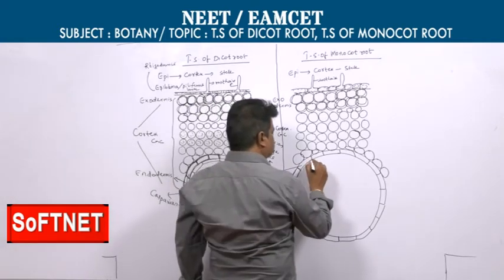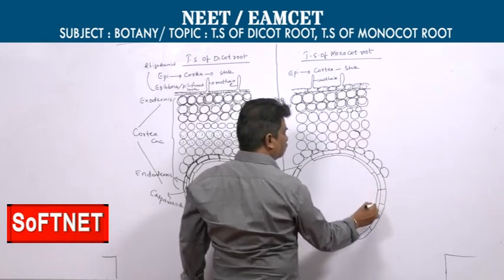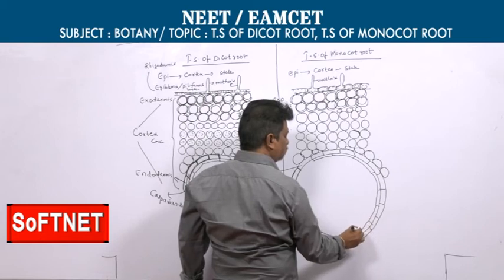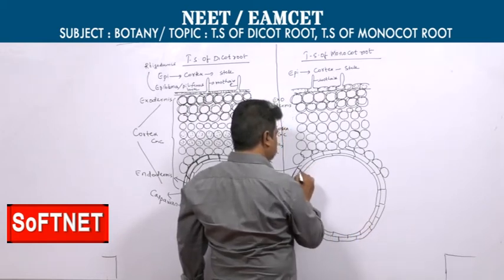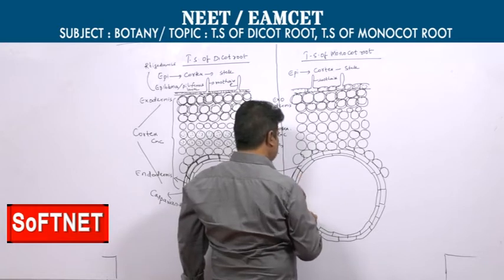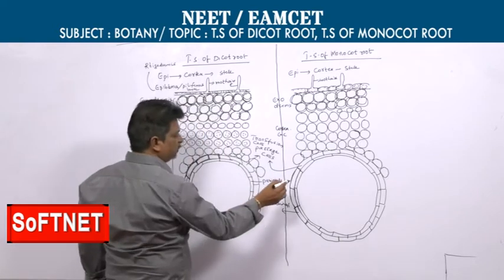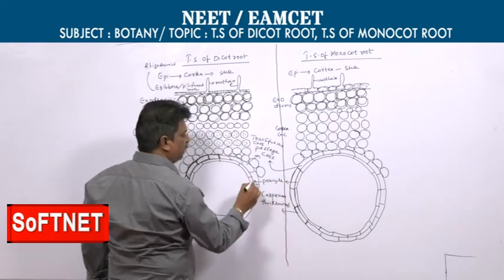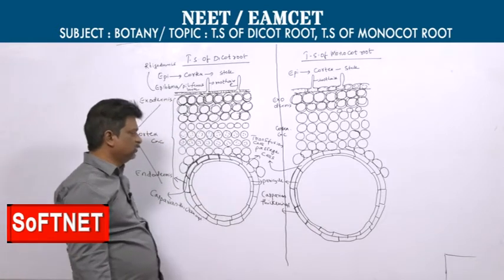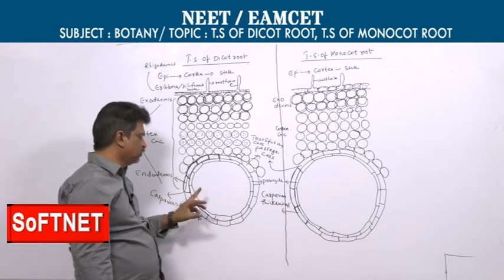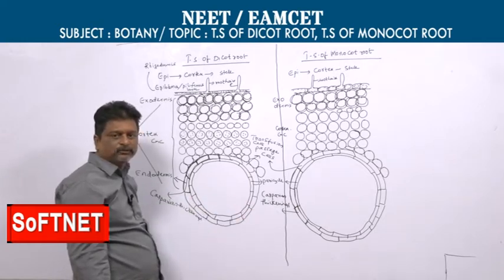In dicot and monocot roots, by differentiation this pericycle produces lateral roots. So, in both, the common function is that pericycle produces lateral roots.